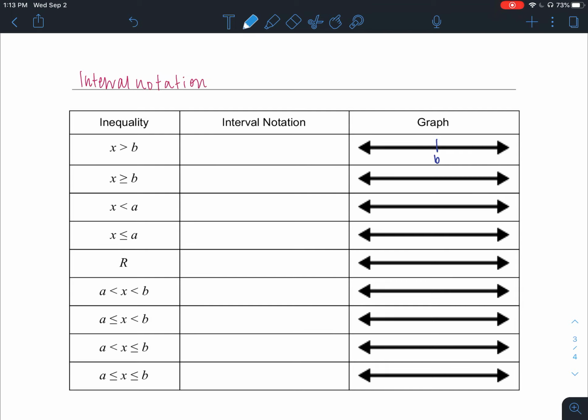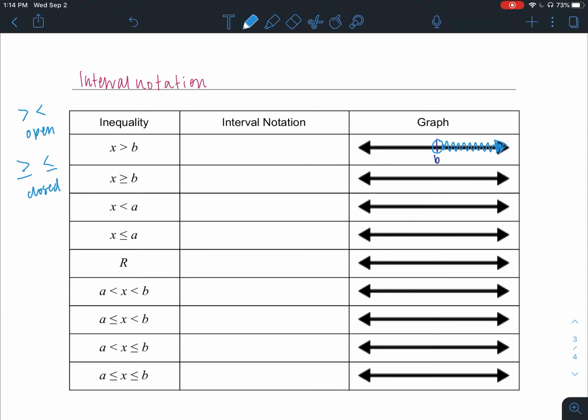Remember, if you have these 2 symbols, it's open, and if you have these 2 symbols, it's closed for your graphs. So I'm going to have an open circle going to the right, because it is x is greater.